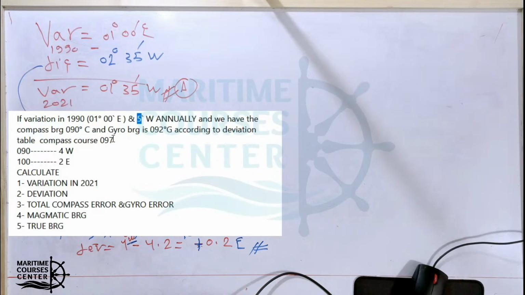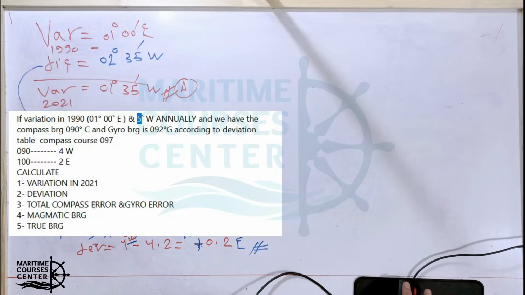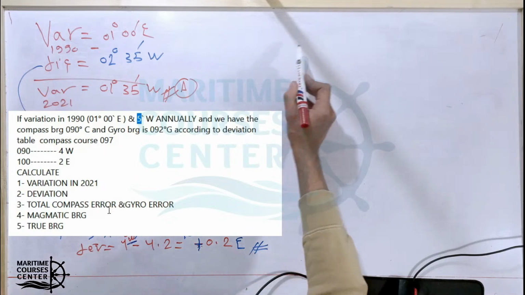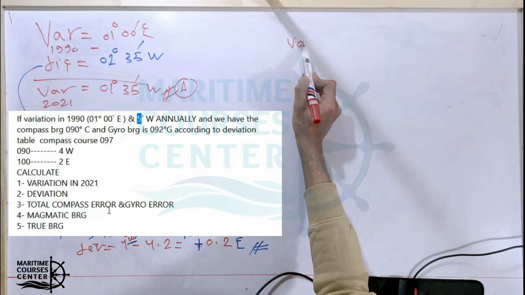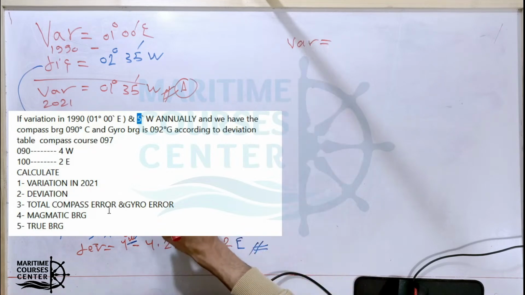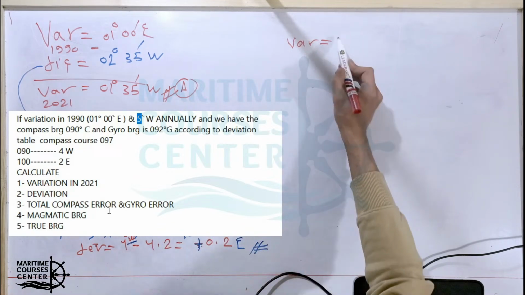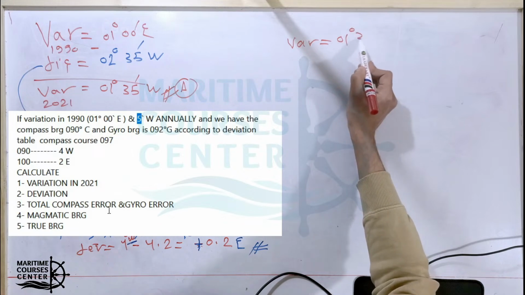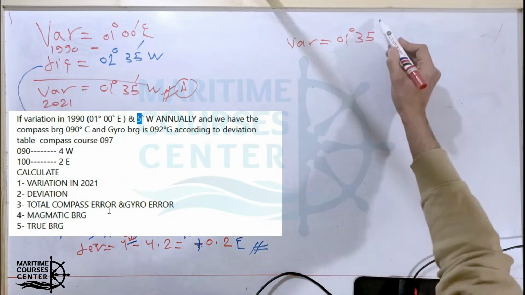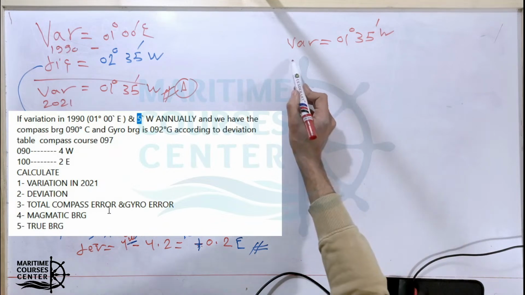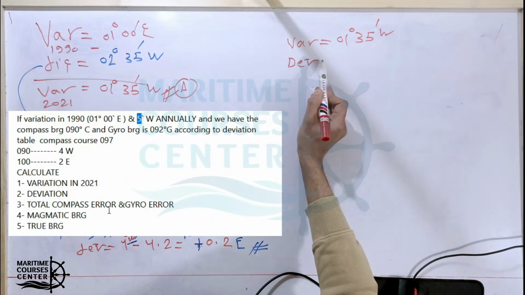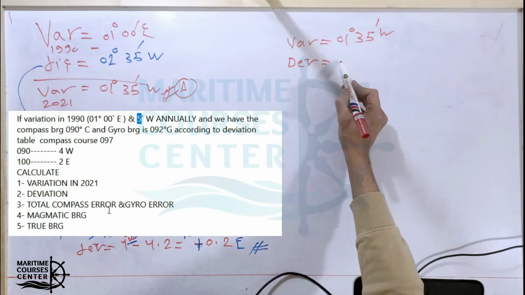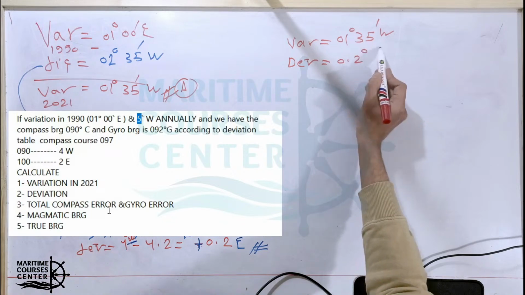Here we also want to calculate the total compass error. Okay, that's good. So we have variation equal to 1 degree 35 minutes west, and deviation equal to 0.2 degrees east.